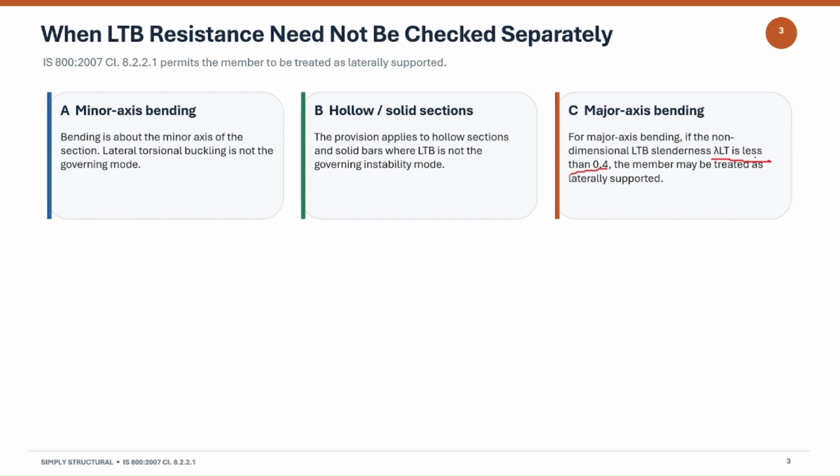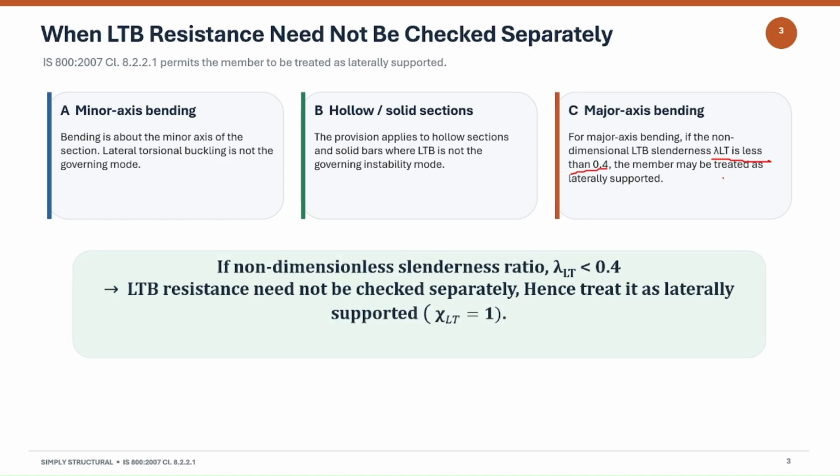If the non-dimensional slenderness ratio λLT is less than 0.4, ignore LTB and design the beam as laterally supported. By treating the beam as laterally supported, we mean that there will be no bending moment reduction, so χLT will be 1.